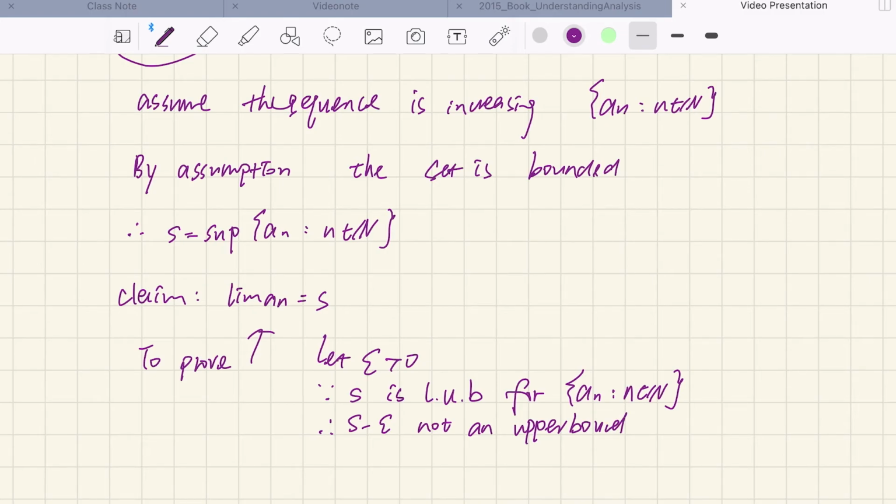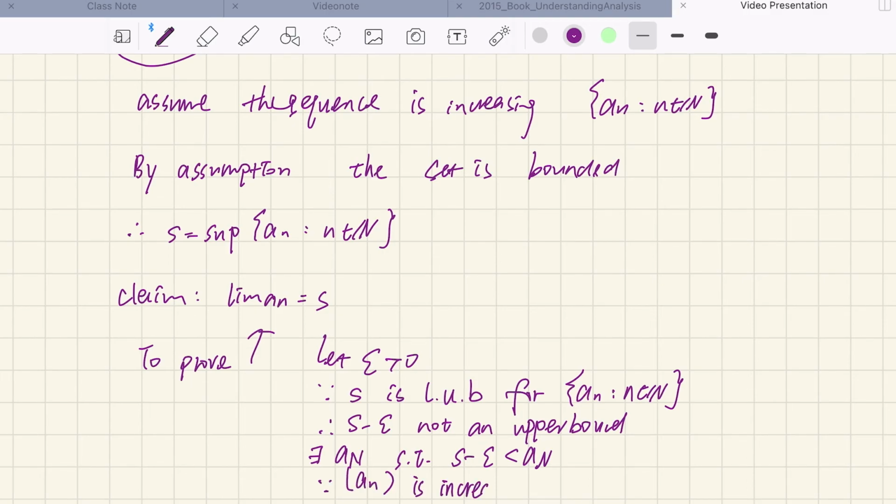So there exists a point a big N. Notice here a big N is a number, whereas a small n is a sequence index. So we'll have S minus epsilon less than a big N.